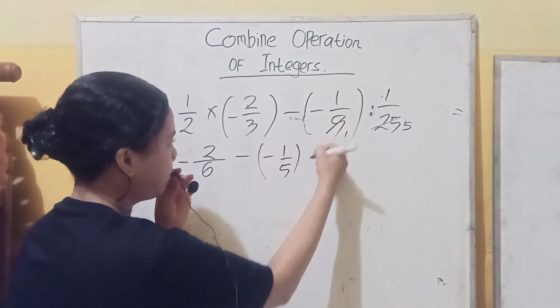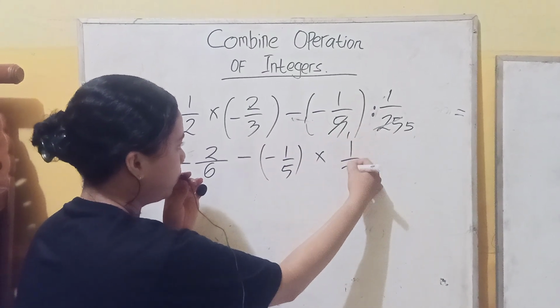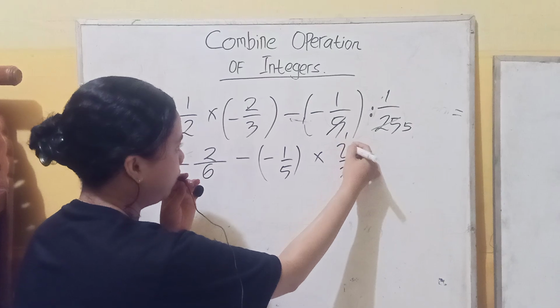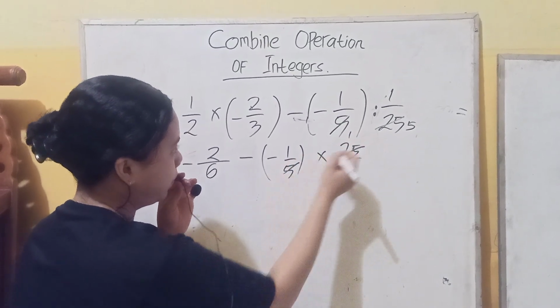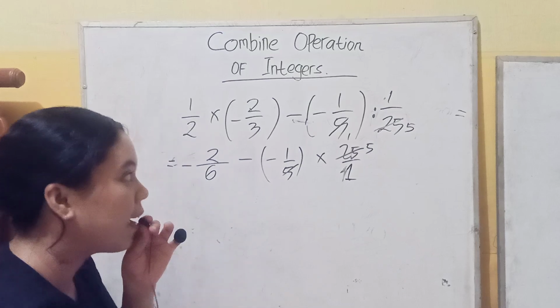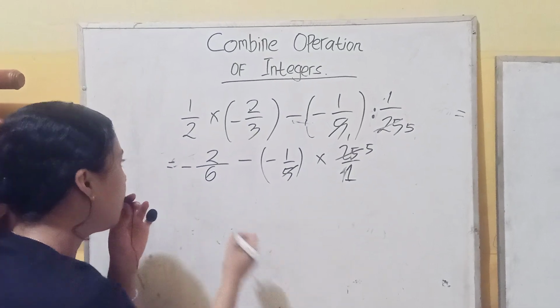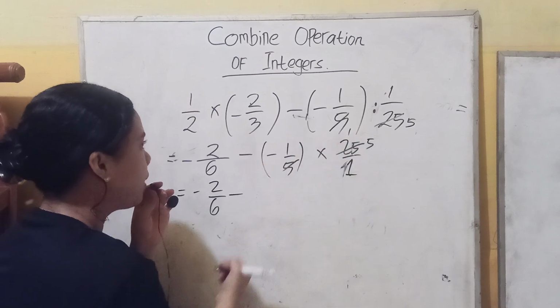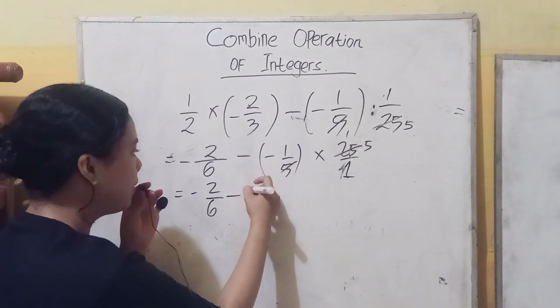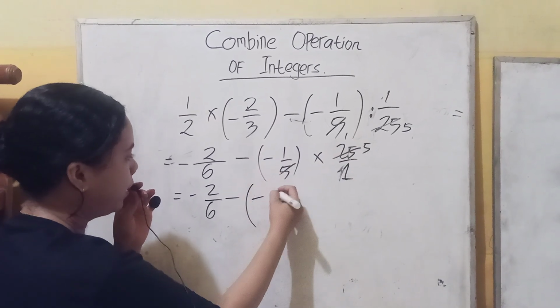I choose to make it times first. So times 25 out of 1. Okay, so 25 and 5 here we cross, it becomes 5. Okay, so it will be the same actually. So -2 out of 6 minus 1 times 5 is 5, right? Don't forget the negative here, -5.